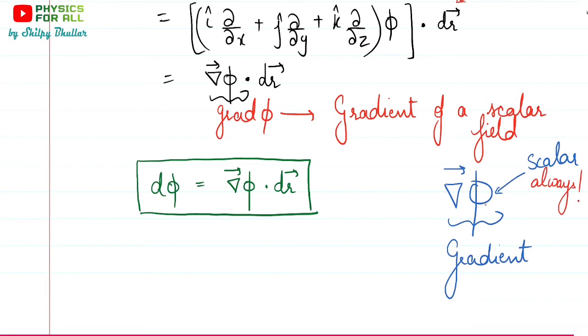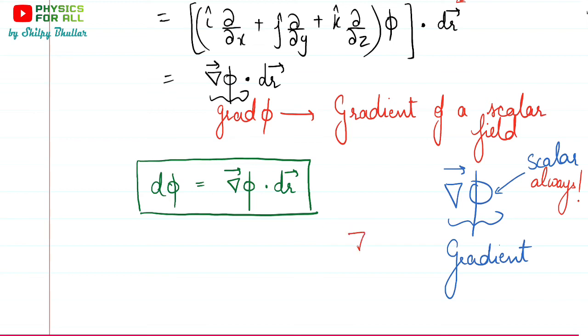And whenever this happens, you say that you are finding the gradient. So the word gradient itself means that you are finding the gradient of a scalar field. Whether you mention gradient of a scalar, or you simply say gradient, that would give the other person the idea that the quantity being talked about is a scalar quantity.